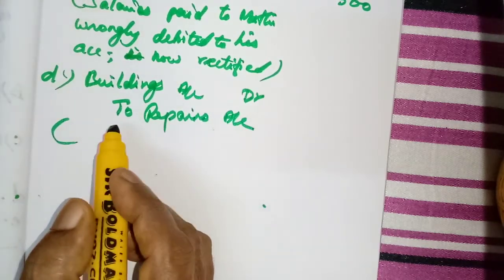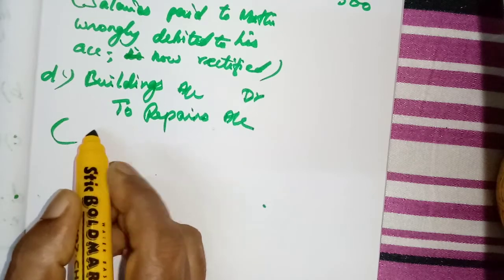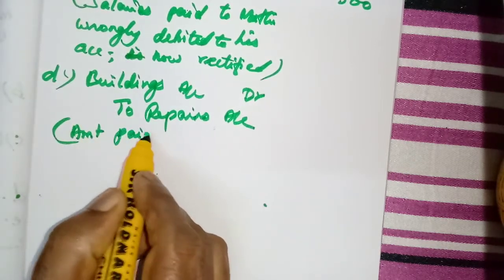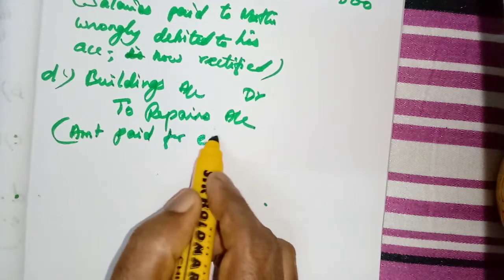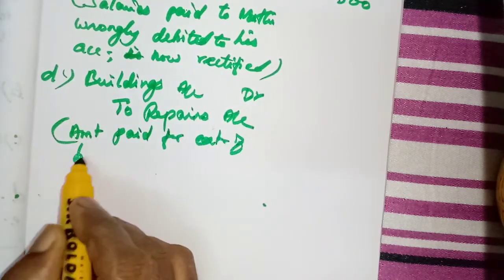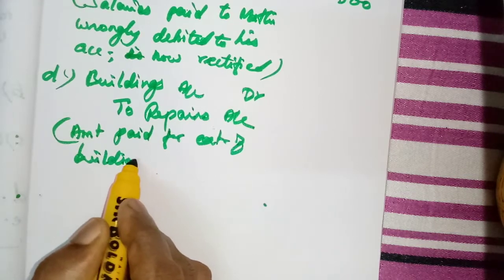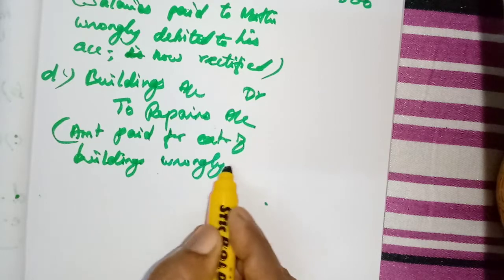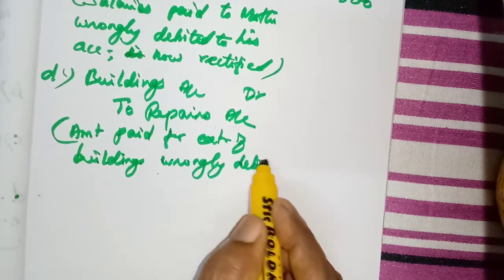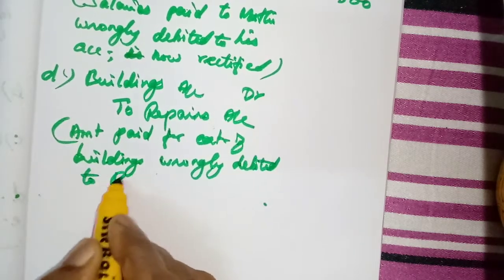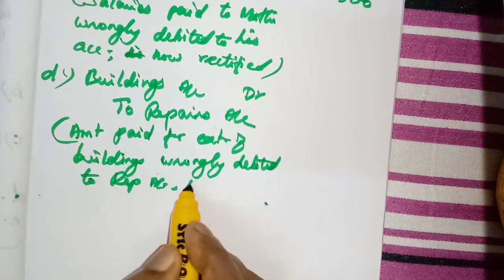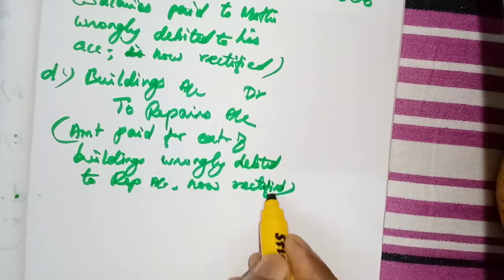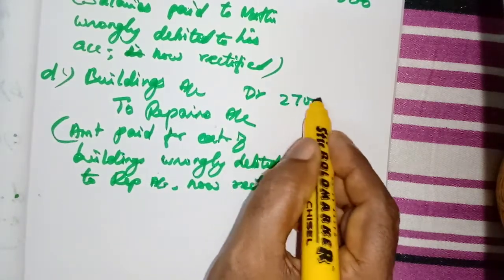Now you write: amount paid for extension of building, you write fully, wrongly debited to repairs account, now rectified. Amount 2700.